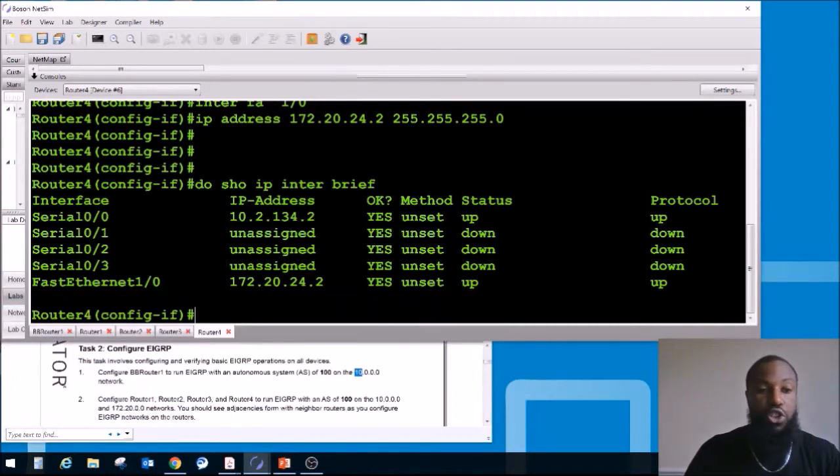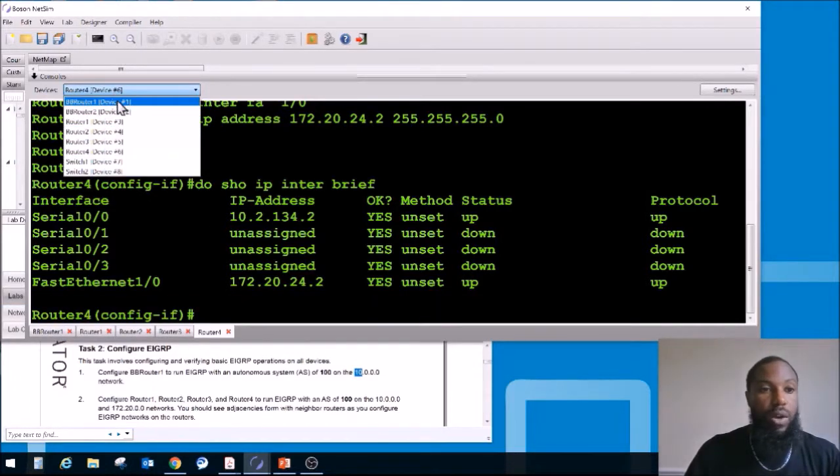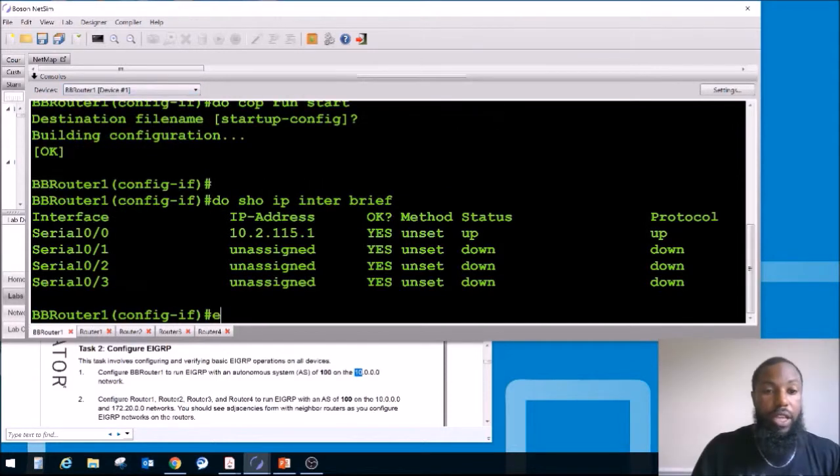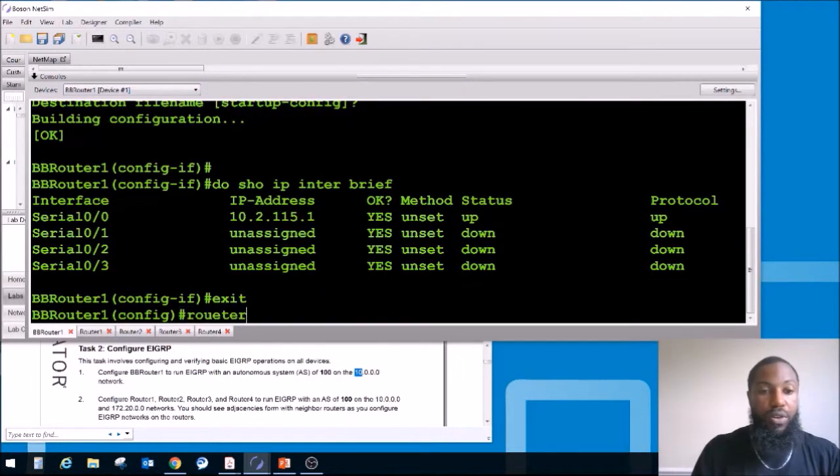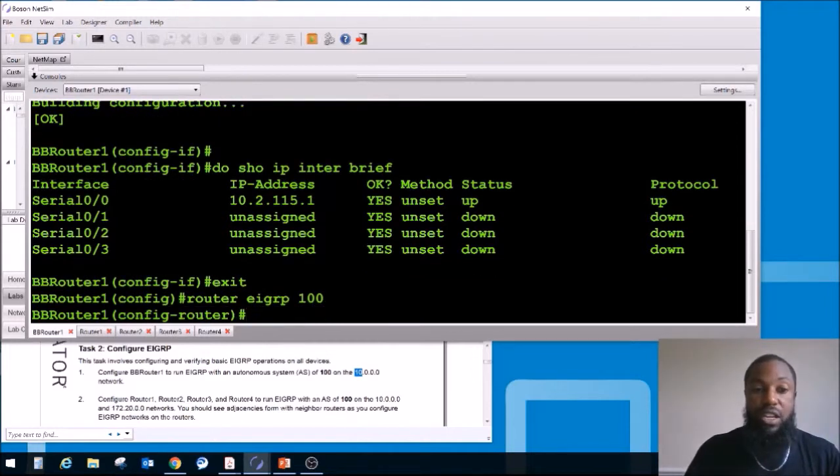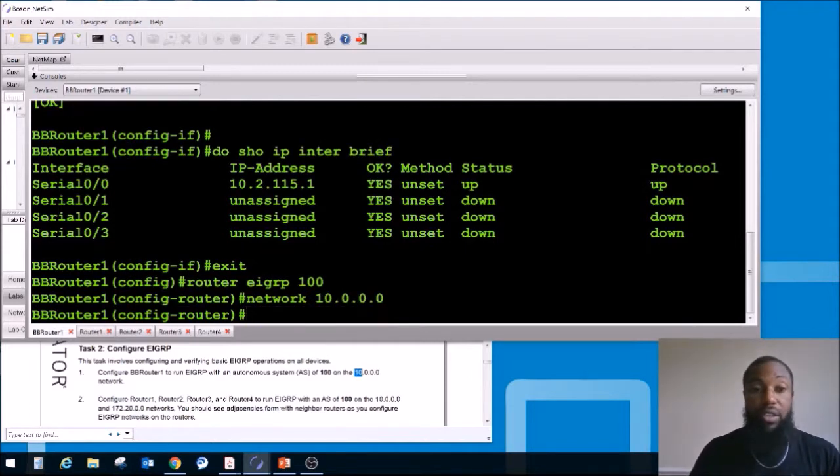So we're going to go to the backbone router and do router EIGRP 100, the AS number, and then network 10.0.0.0. Basically we did EIGRP 100 and we're advertising the 10 network.